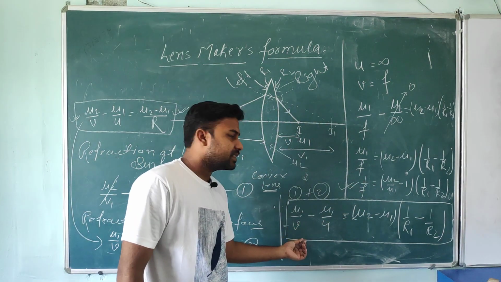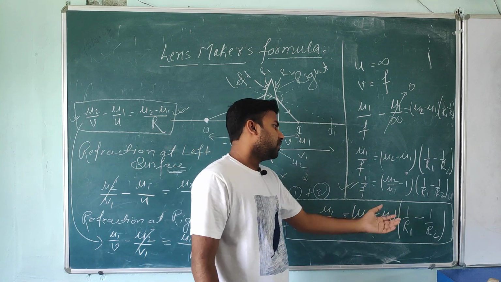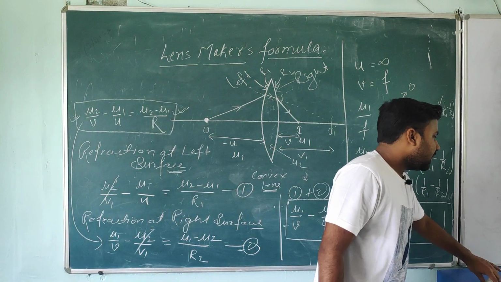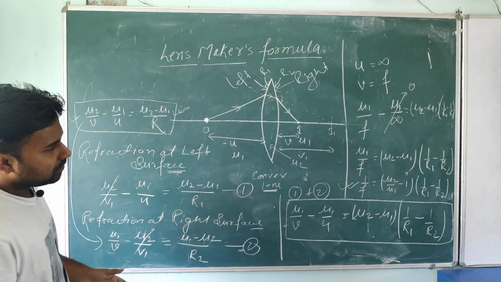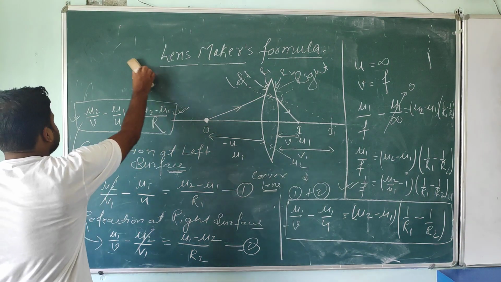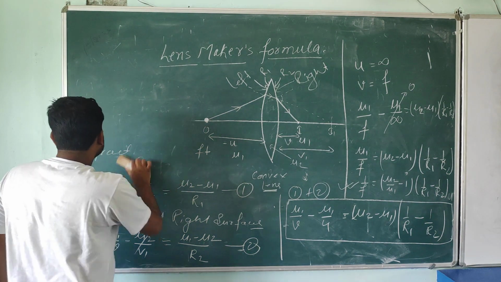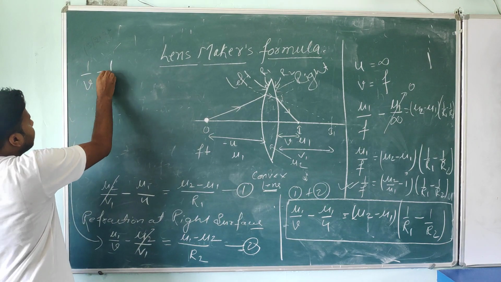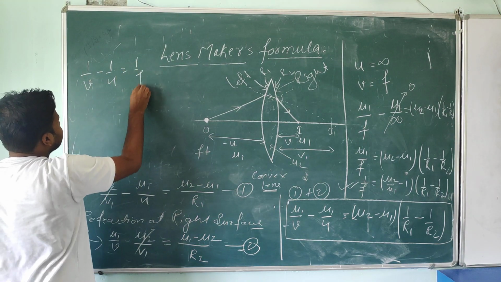Now we are getting a relation between v, u and all. In 10th class, in the first term where we studied these things, we got a relation: 1 by v minus 1 by u equal to 1 by f.